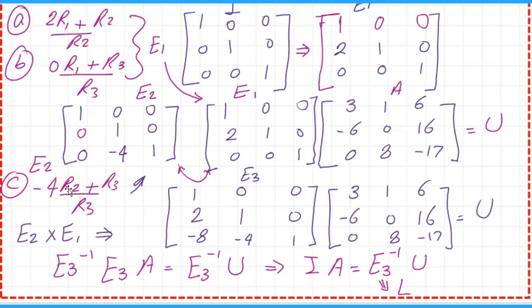Minus 4 times the identity matrix will be minus 4 by 0 is 0, minus 4 by 1 is minus 4, added to 0 is 0. Minus 4 by 1 is minus 4, added to 0 is minus 4. Minus 4 by 0 is 0, added to 1. This is 1. This is the E2. No change in the R1 or R2, but the only change is in the third row.